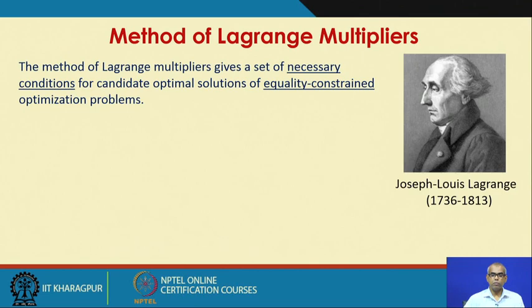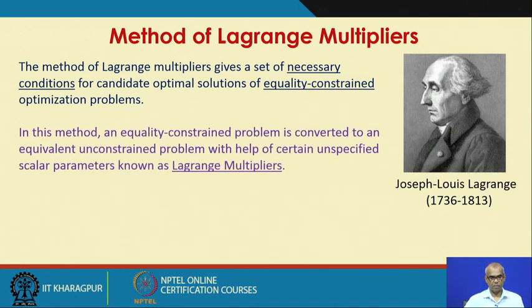The method of Lagrange multipliers gives a set of necessary conditions for candidate optimal solutions of equality constraint optimization problems. In this method, an equality constraint problem is converted to an equivalent unconstrained problem with the help of certain unspecified scalar parameters known as Lagrange multipliers.